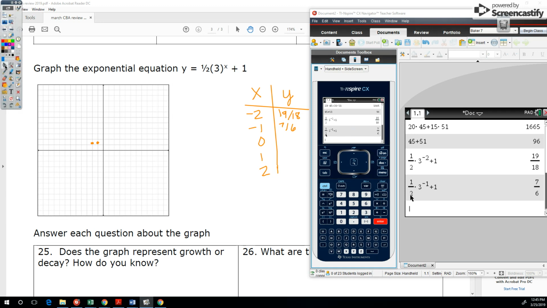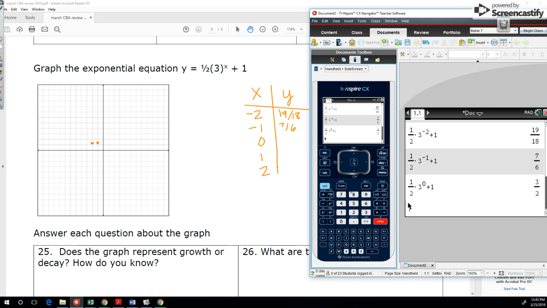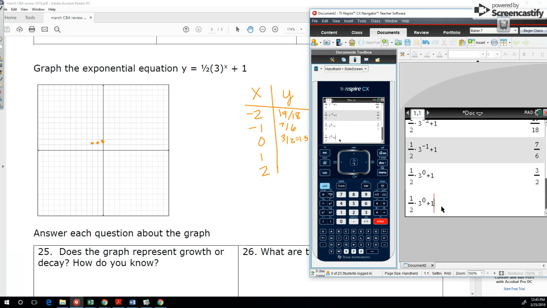Okay, do this again. Change that negative 1 to a 0. 3 over 2. Well, that's 1.5. Okay, one more time, or no, 2 more times.